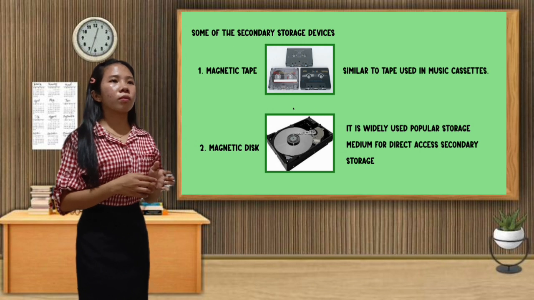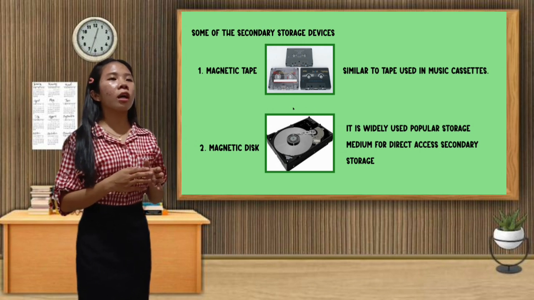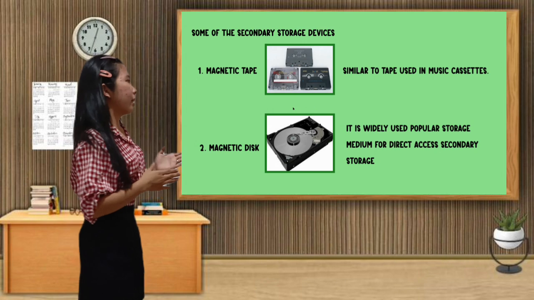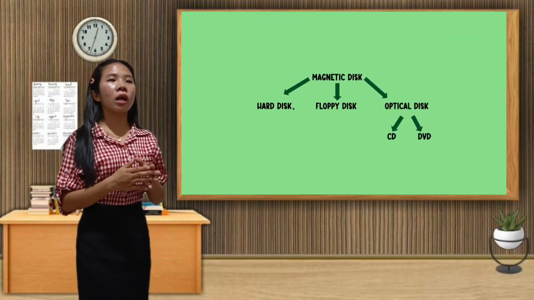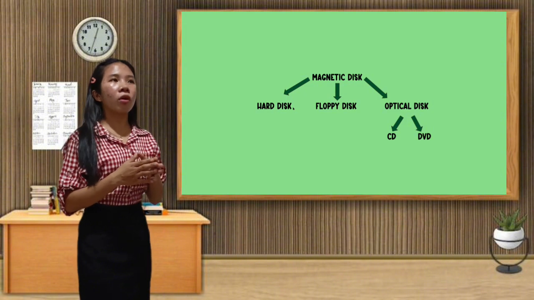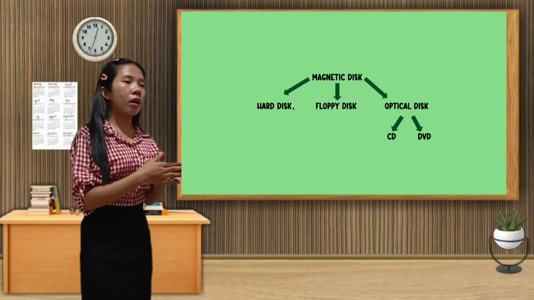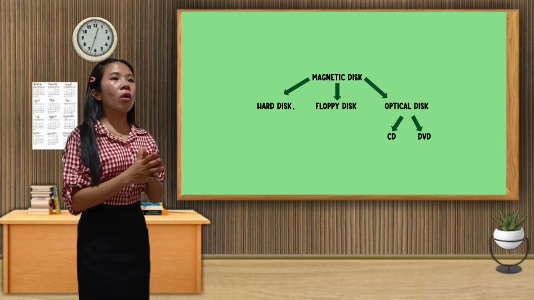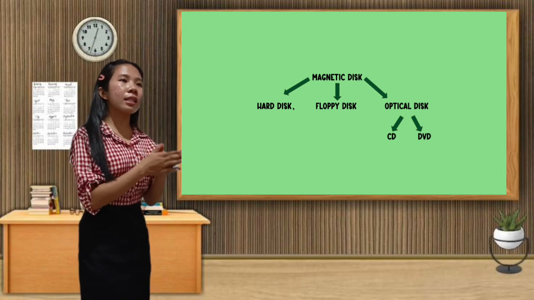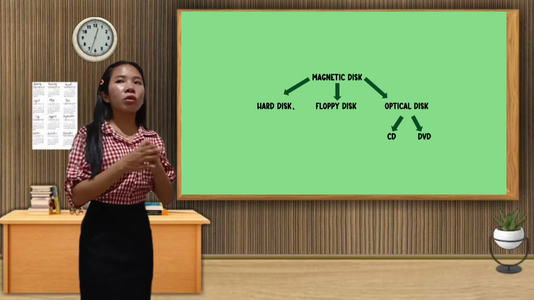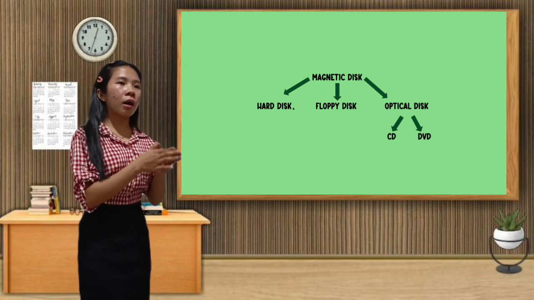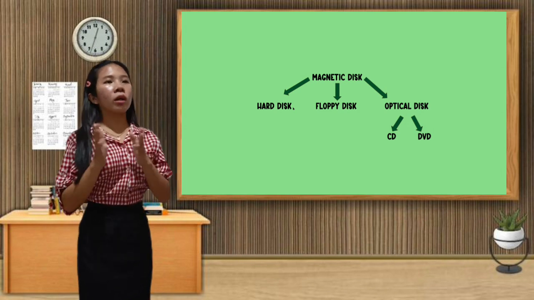So under the magnetic disk, we have hard disk, also known as the hard drive or fixed drive. We also have a floppy disk, which was used to transfer data from one computer to another.